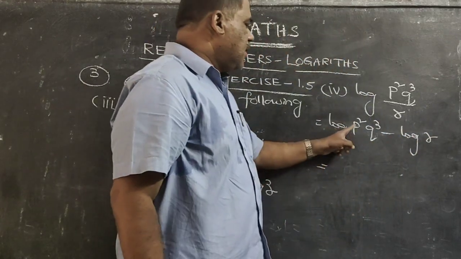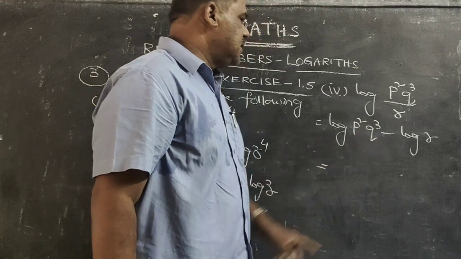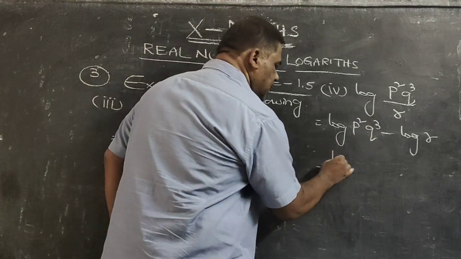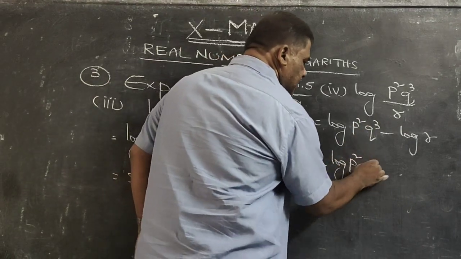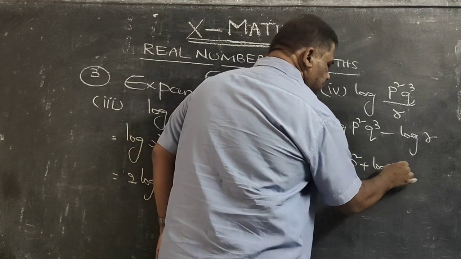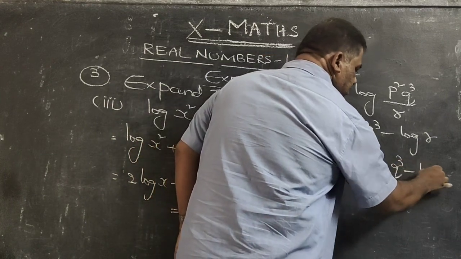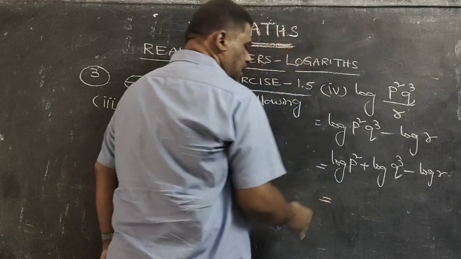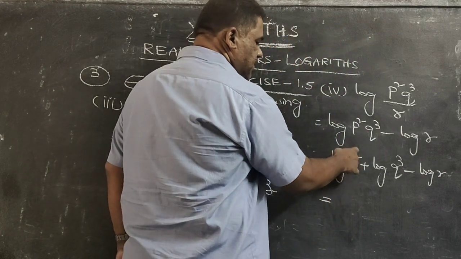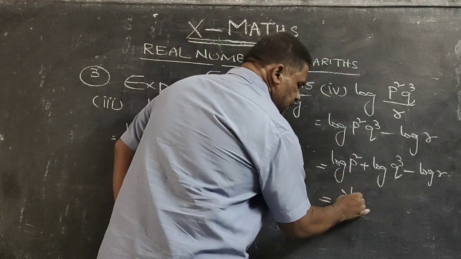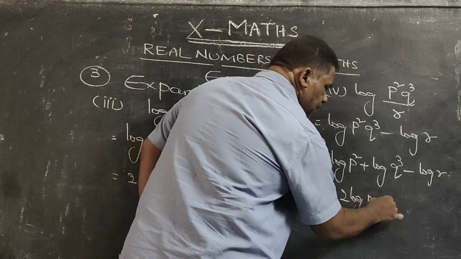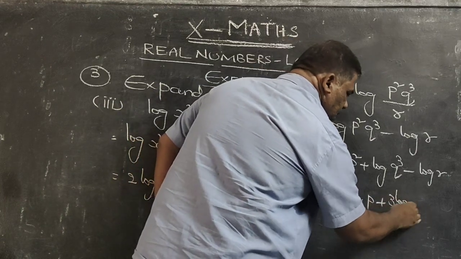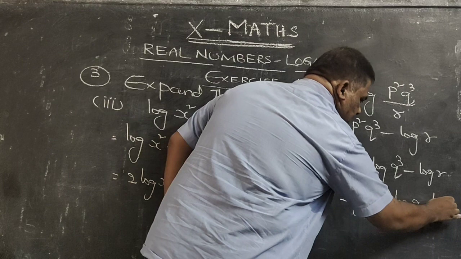Now this is in the form of log a into b, two terms are there, into is there, log a into b is log a plus log b. Now in logarithms if a number has power it comes as a coefficient. It is 2 log p, this is 3 log q minus log r.